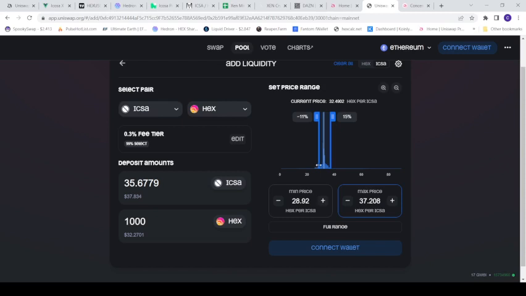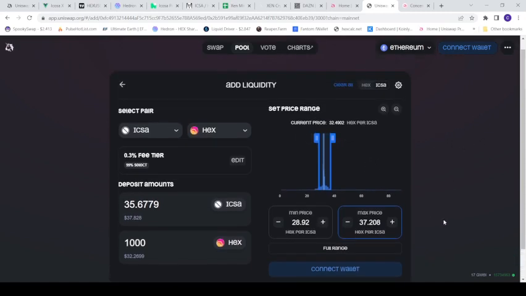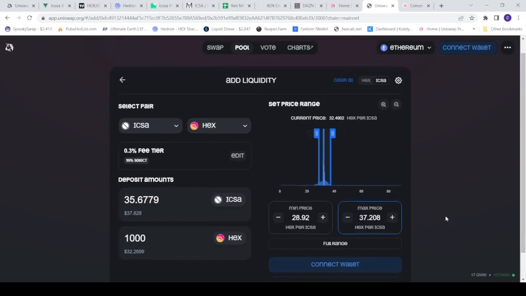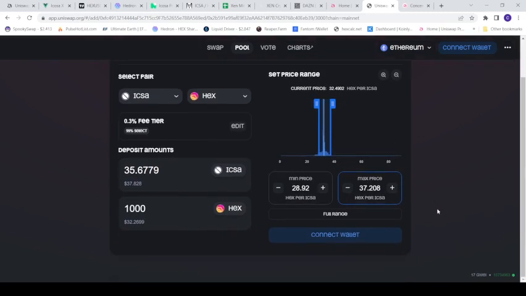Or vice versa. I think it might be vice versa. So yeah, you'd be left more with Icosa on this side, and then more hex on this side. It's a little bit confusing. I do get confused sometimes. But once you figure it out, it does make sense.